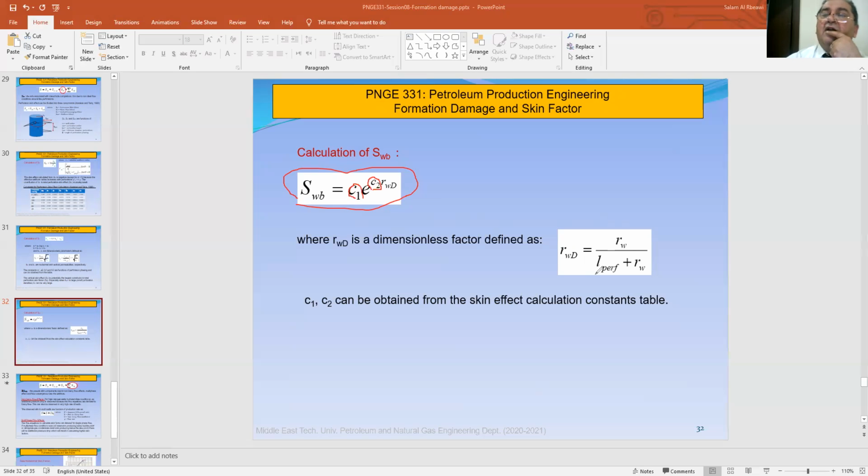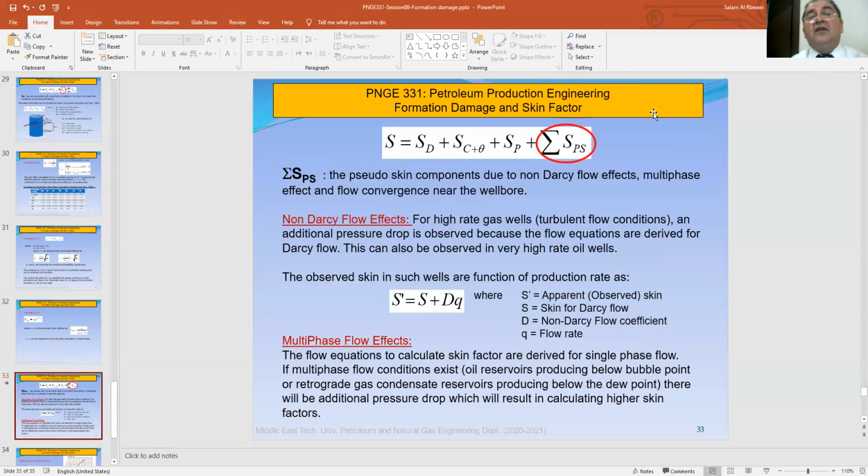Types of the skin factor: S sub D, S sub C plus theta, S sub T. And then the last one is the summation of S sub PS.